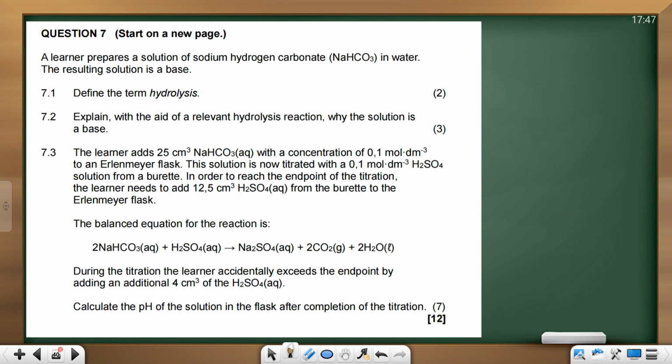Here is your acid and base. Quickly tell me what's your challenge, everyone. 30 seconds. Am I right to say it's the calculations that are challenging? Yes, sir, the calculations.